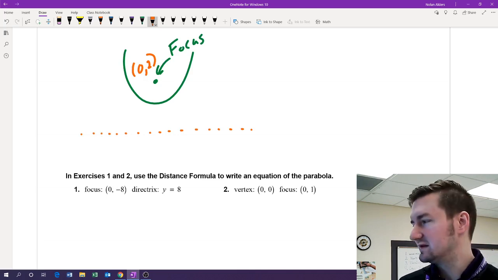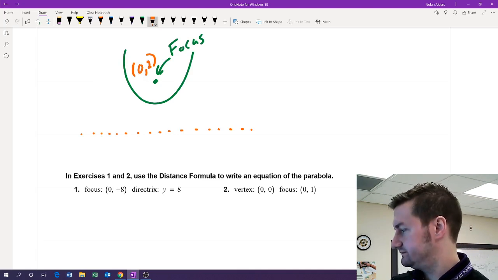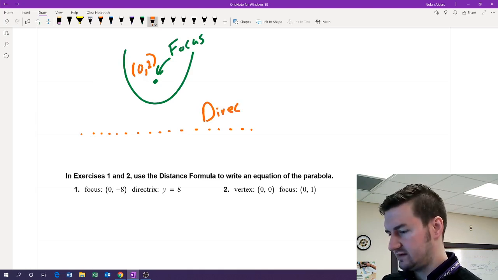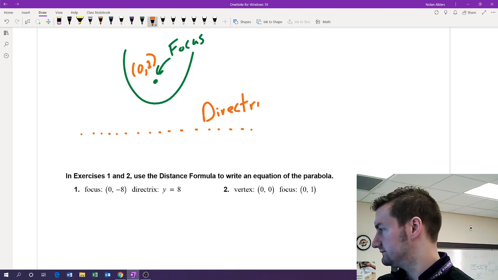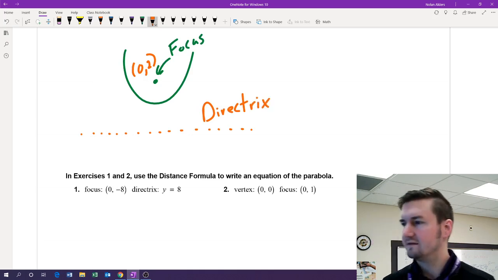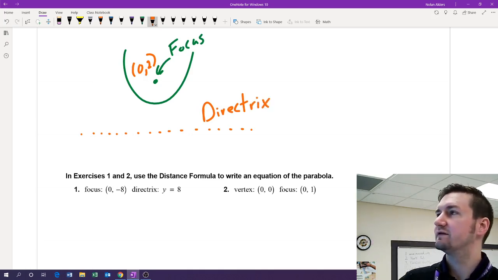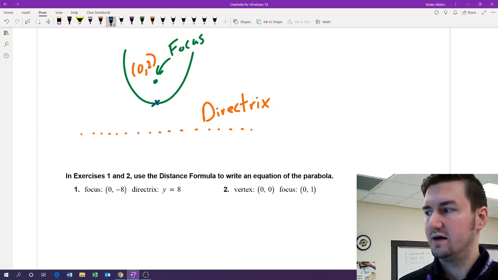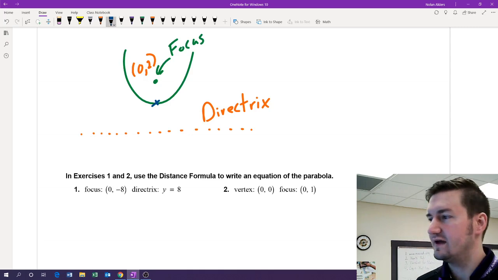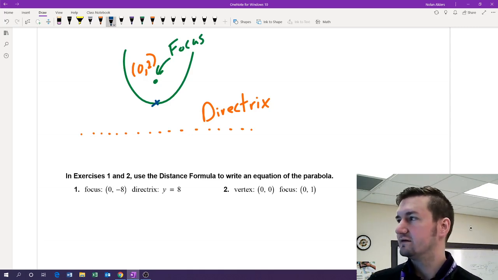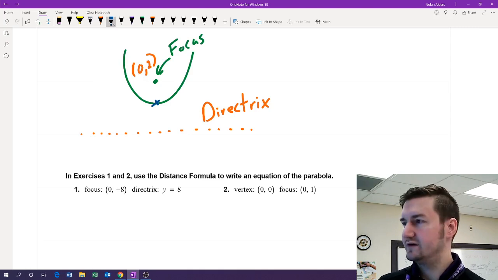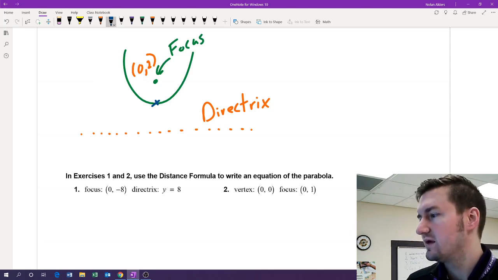And we call this line the directrix. Okay, so the distance from the focus to the vertex is the same as the distance from the vertex to the directrix. So those are equal distances.